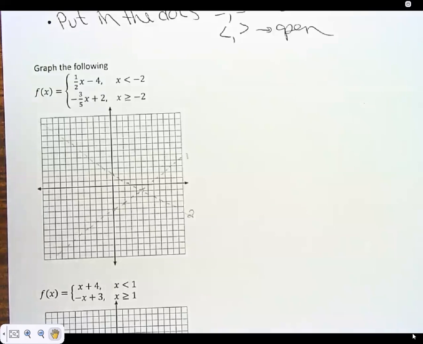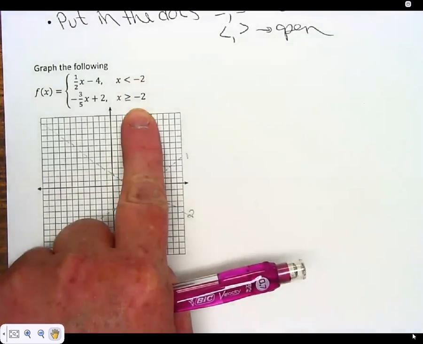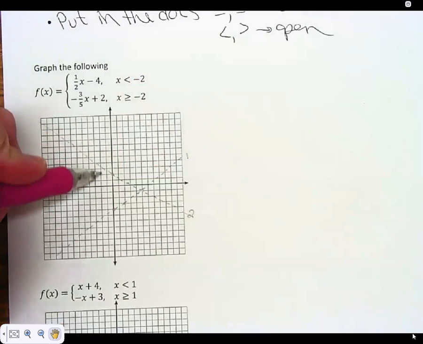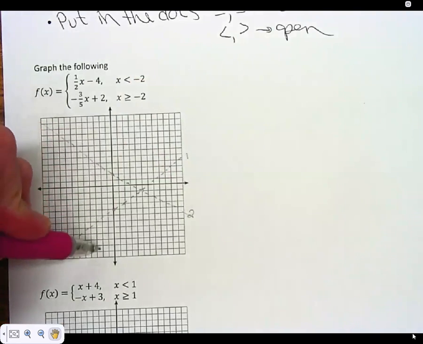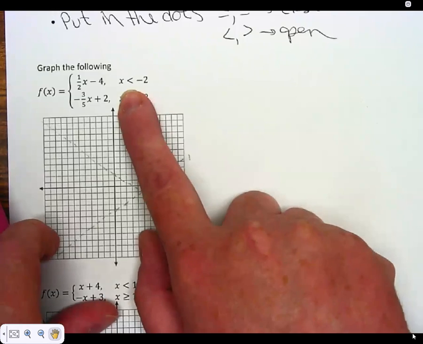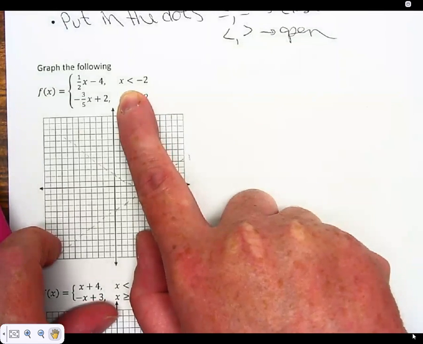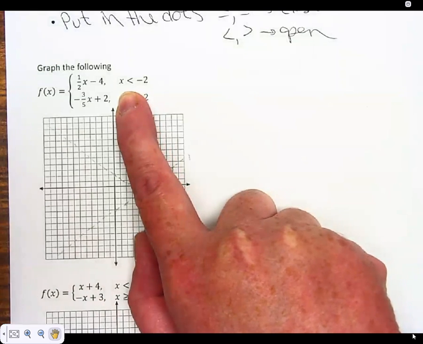Okay, so these graphs do something specific at -2. I know they're doing something specific at -2 because that is your breaking point right here. That's where x is -2. So my first line is x is less than -2. Less than means everything to the left of that spot.